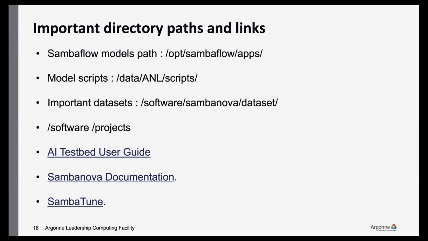Please use the software SambaNova datasets directory to download any dataset of your choice. There are already some of the most common datasets that we use, like Pile or OpenWebText, under this directory. So please reuse them to ensure that we do not duplicate resources on the system.